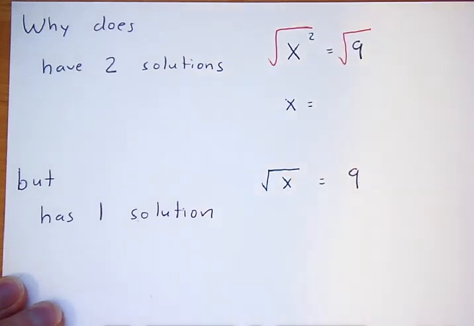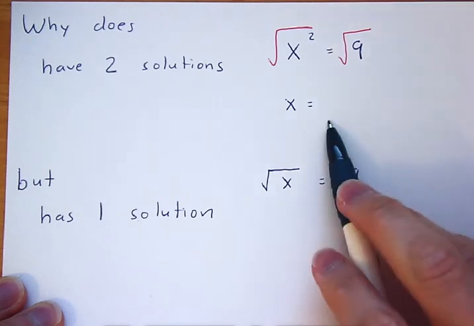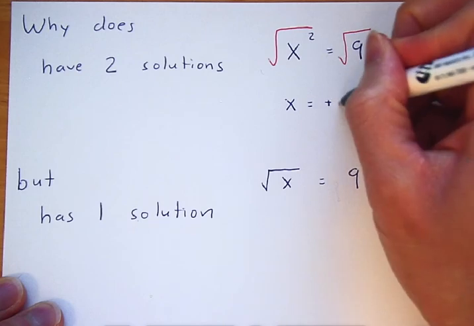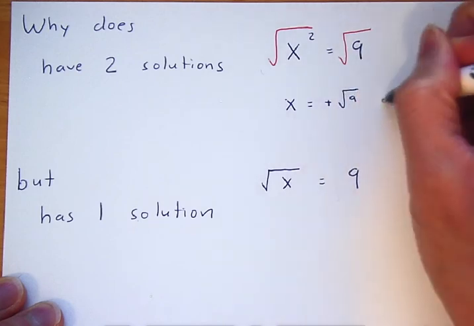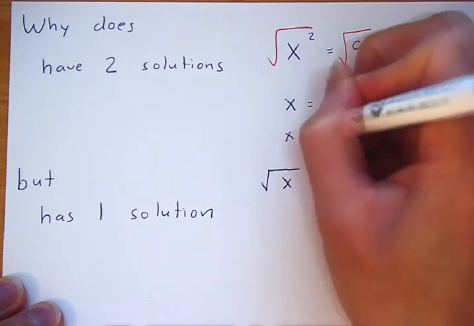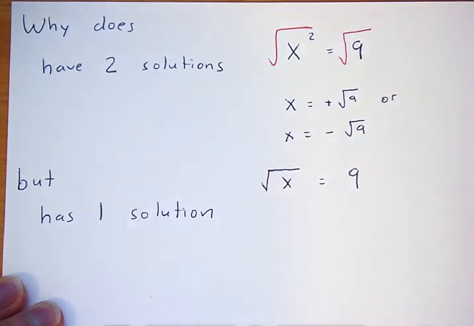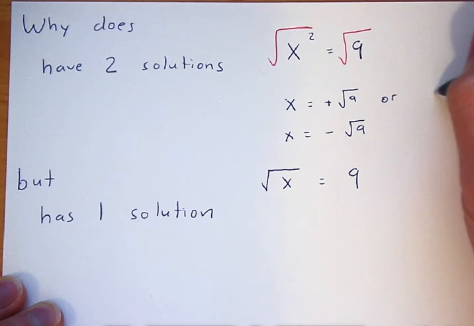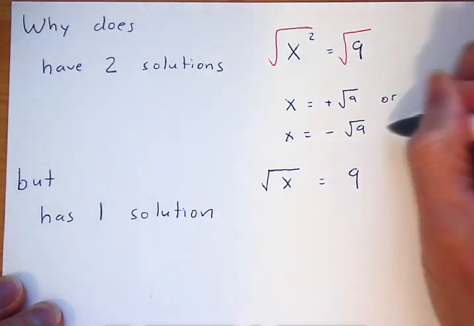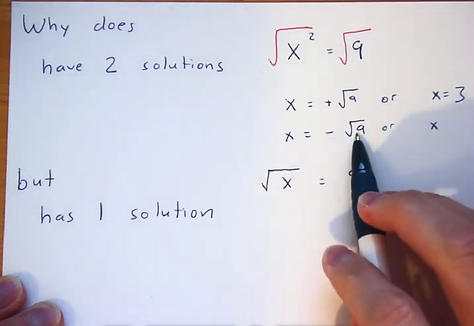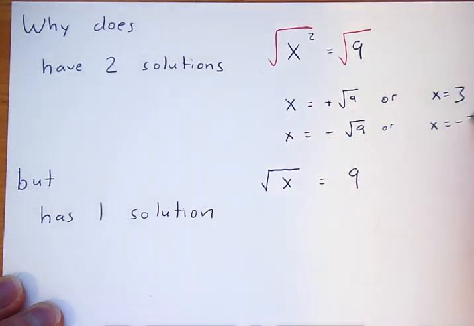And they end up telling you that this answer ends up being x equals positive square root of 9 or x equals negative square root of 9, i.e. the answer is x equal 3 or x equal negative 3.